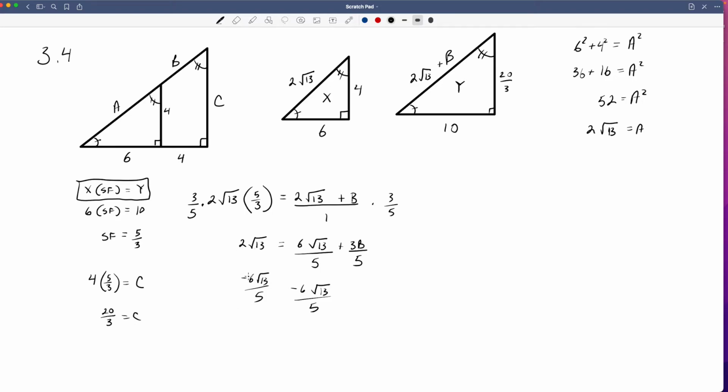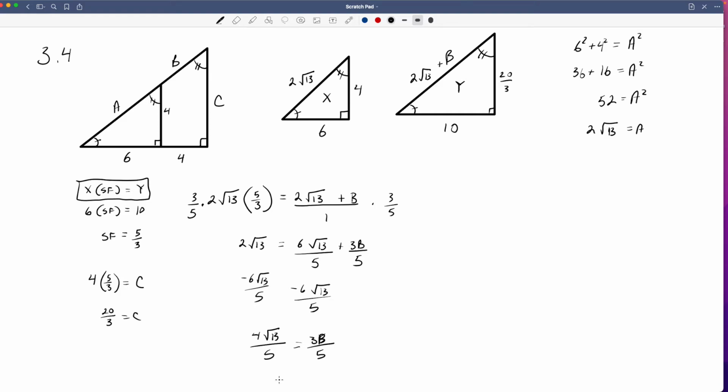So 10, because 2 times 5 is 10, that gives me 2 whole. 10 minus 6 leaves 4 times the square root of 13 over 5 equal to 3b. Sorry, that's supposed to be b, over 5.